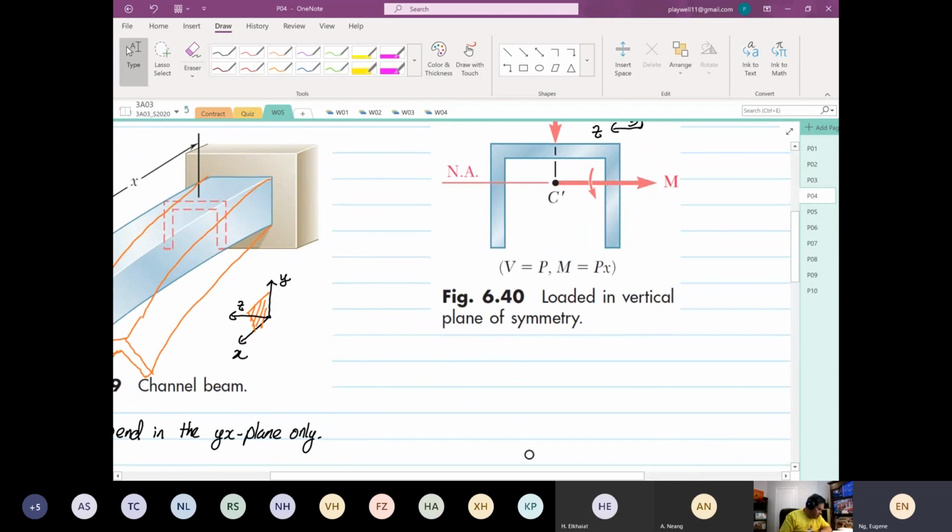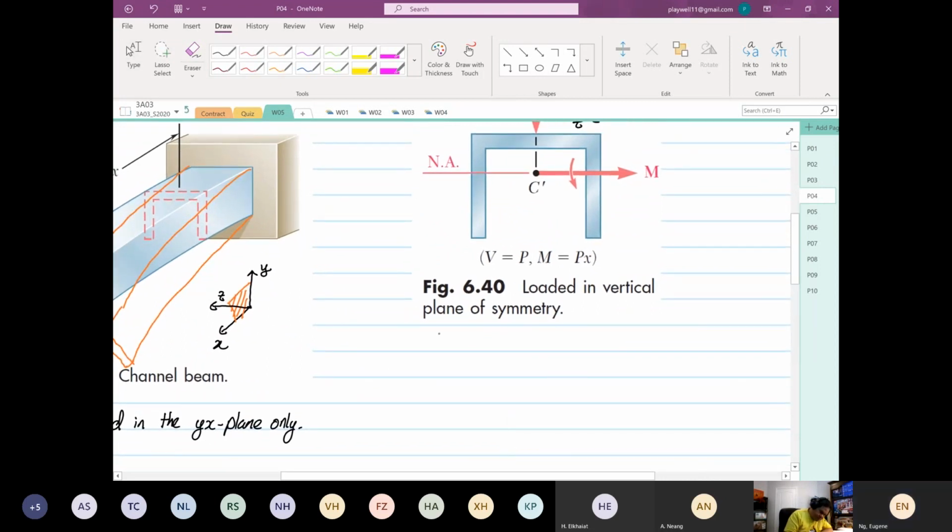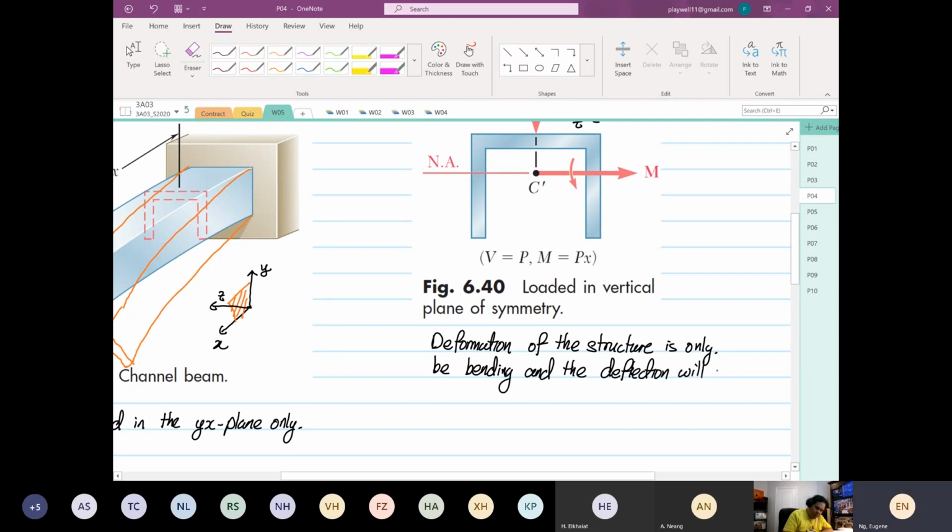So what we see, the deformation of the structure is only by bending and the deflection will occur on the XY plane only.